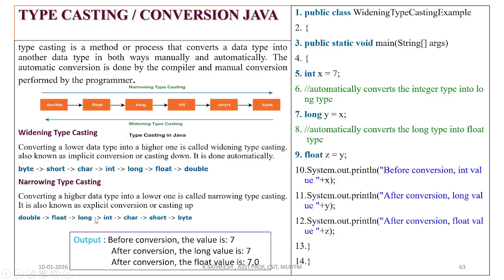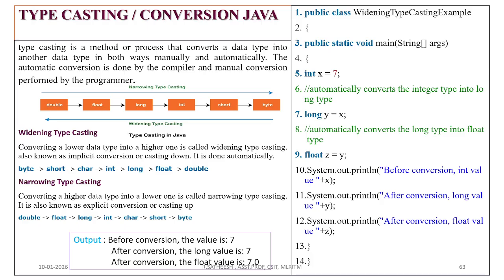Whereas narrow casting means initially your value is in a higher data type, then you want to convert into a lower data type. Casting a higher data type into a lower one is called narrow type casting. It is also known as explicit conversion or casting up, where you need to convert into the specified lower data type.